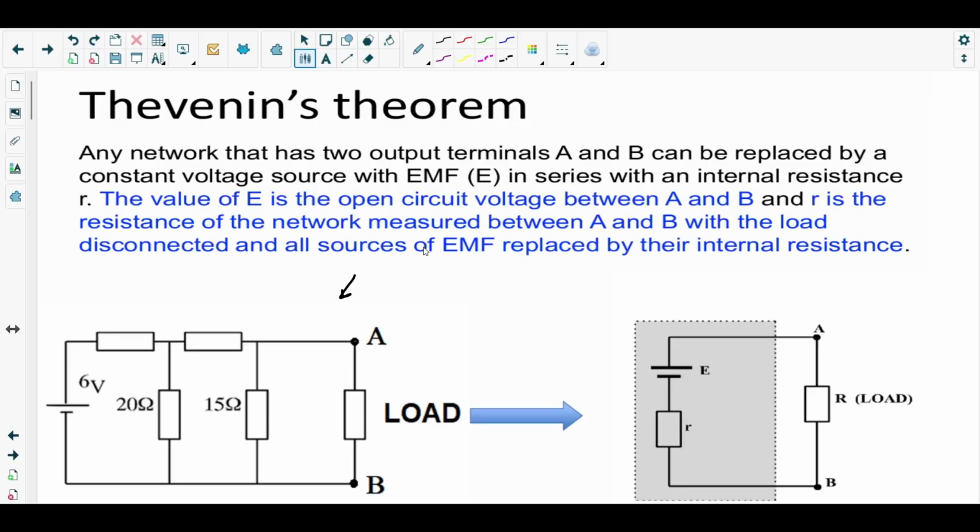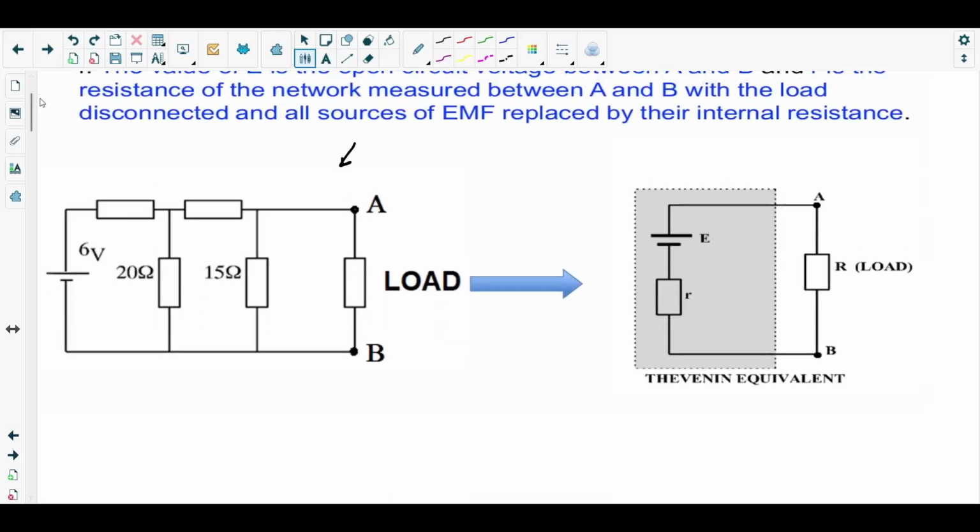Now let's get started with Thevenin's theorem first, and then we will move on to Norton's theorem. Thevenin's theorem says any network that has two output terminals A and B can be replaced by a constant voltage source with EMF E in series with an internal resistance R. On the left side there's a complex circuit, and this is the load resistor.